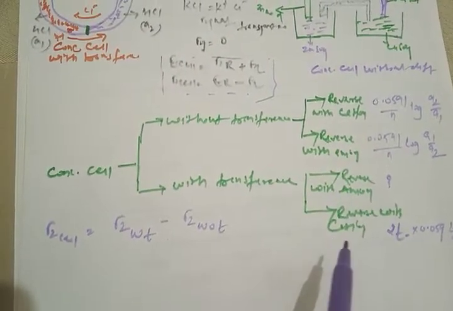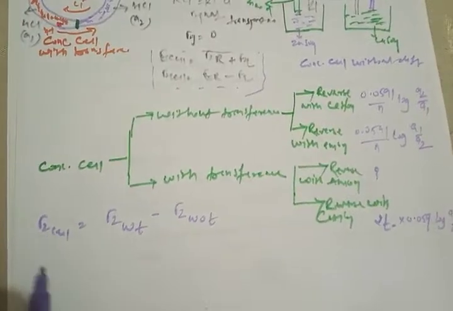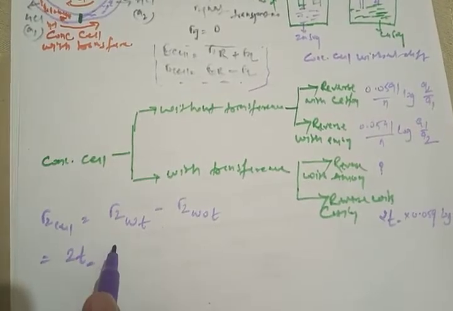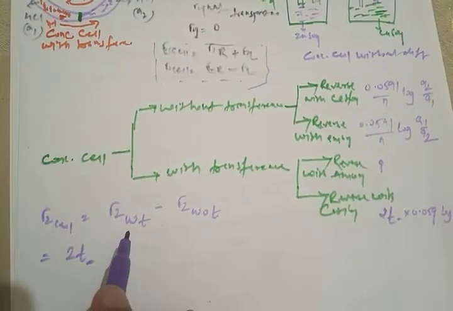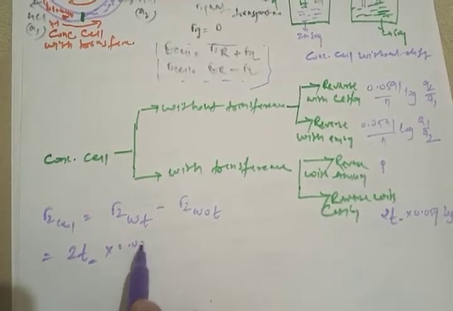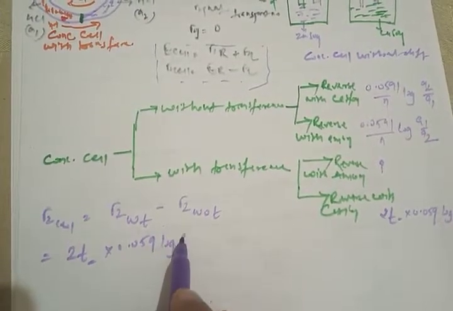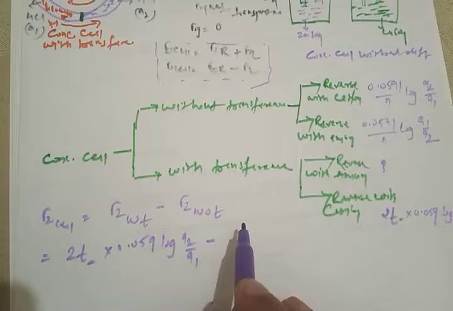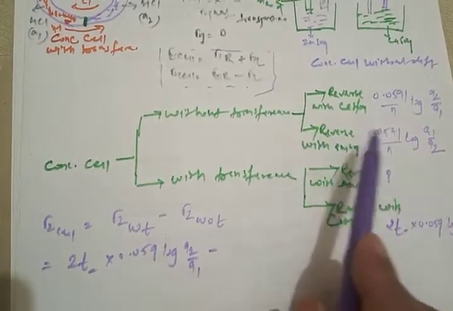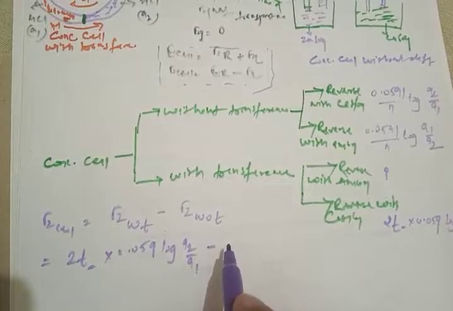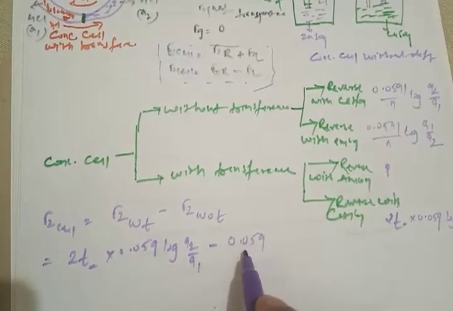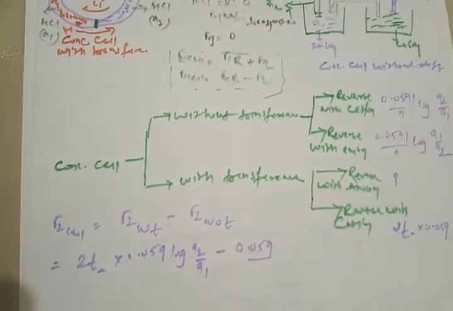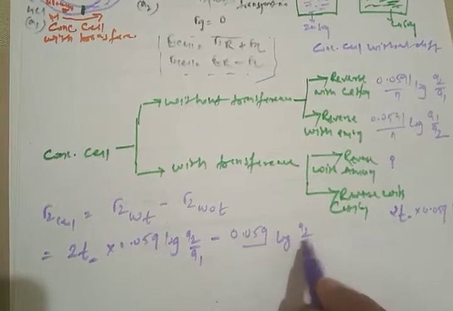For with transference, the derivation gave 2t minus times 0.059 log A2 upon A1, minus the without transference one, which is 0.059 upon n, where n is 1, times log A2 upon A1.